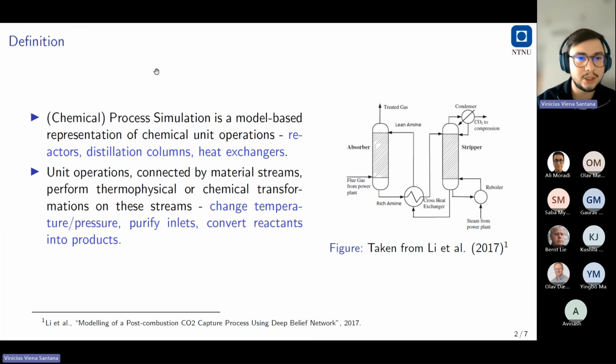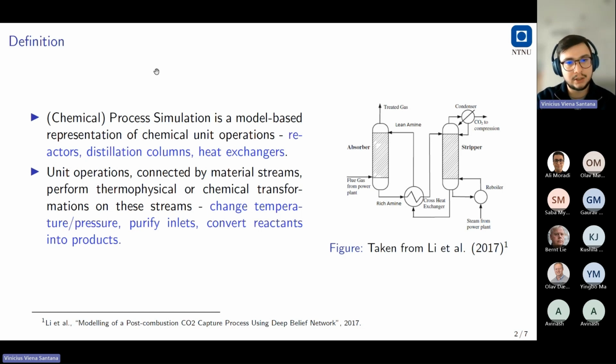I will just start with the definition of what I mean by process simulation. When I say process simulation, I mean mechanistic process simulation, which means a model-based representation of chemical unit operations like reactors, distillation columns, heat exchangers, and so on. These are good examples of what I mean by chemical unit operations.